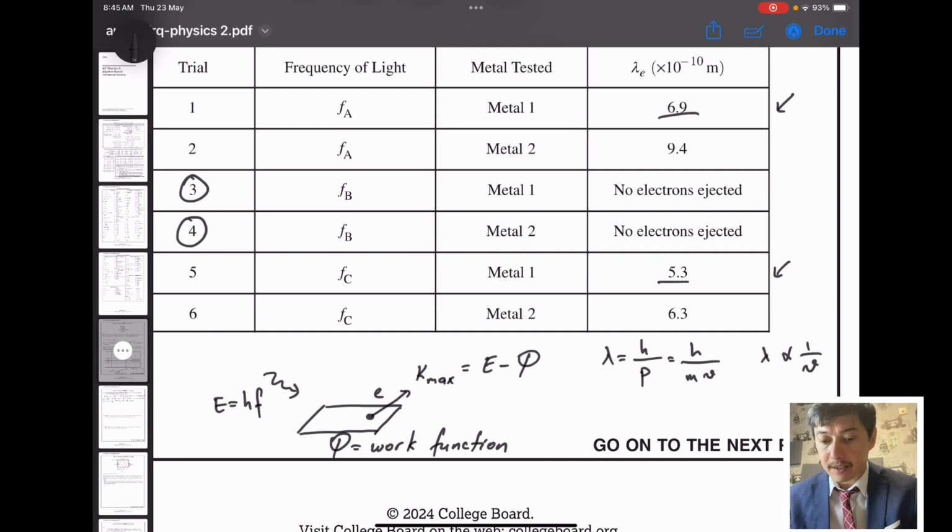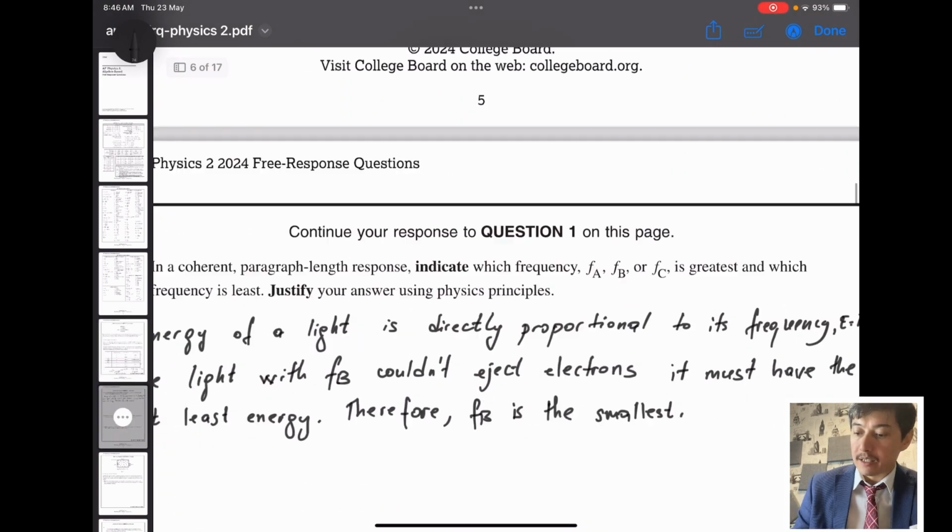Fc is resulting in smaller de Broglie wavelength, it means that the speed of the electron would be higher. And if you remember, kinetic energy is related to the square of the speed. Kinetic energy is equal to half mv squared. That means more speed, more kinetic energy. So here, logically, we can see that Fc is resulting in higher kinetic energy.